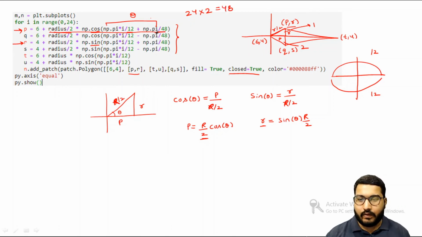So I'm basically dividing my complete space into 48 triangles or 48 subparts, so that I can calculate this theta. Okay, p comma r, this is p comma r, so we will add, and to get this point q comma s, we are subtracting it.